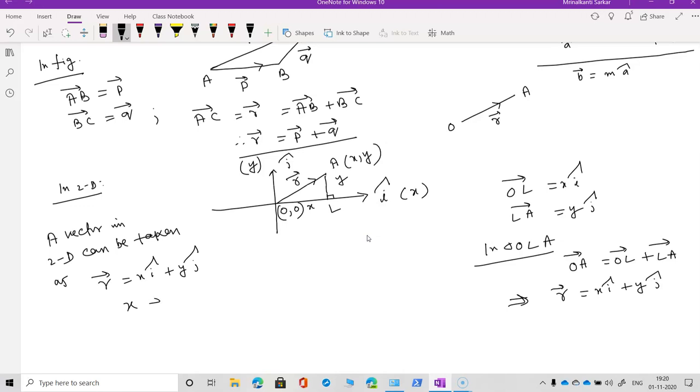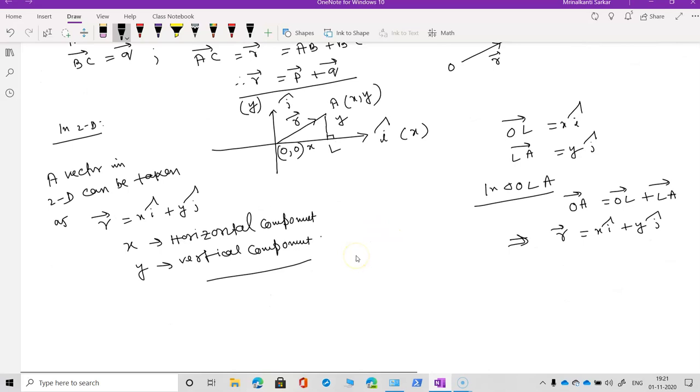This x will be referred as component, better to say horizontal component, and y will be referred as vertical component.